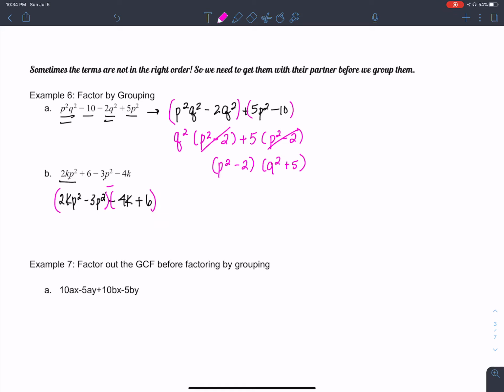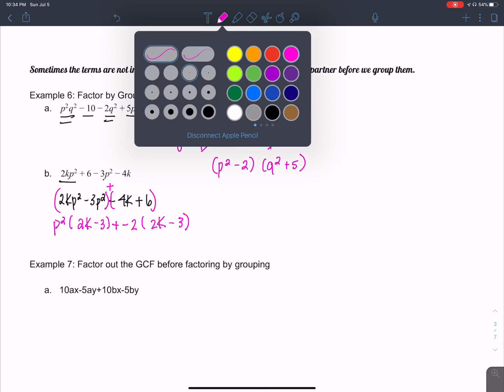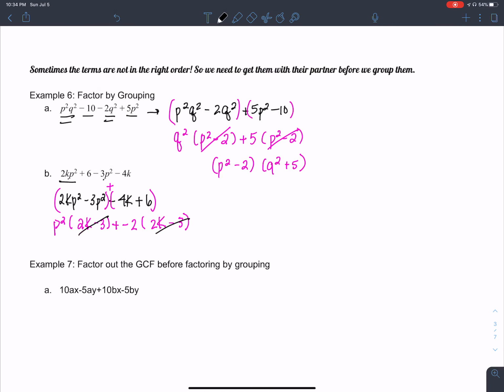Anytime I have the negative, I have to add the positive here. So I'm going to factor out the GCF, which is p squared 2k minus 3, plus factor out the GCF, negative 2k minus 3. It worked. So then GCF, 2k minus 3. What's left? P squared minus 2.